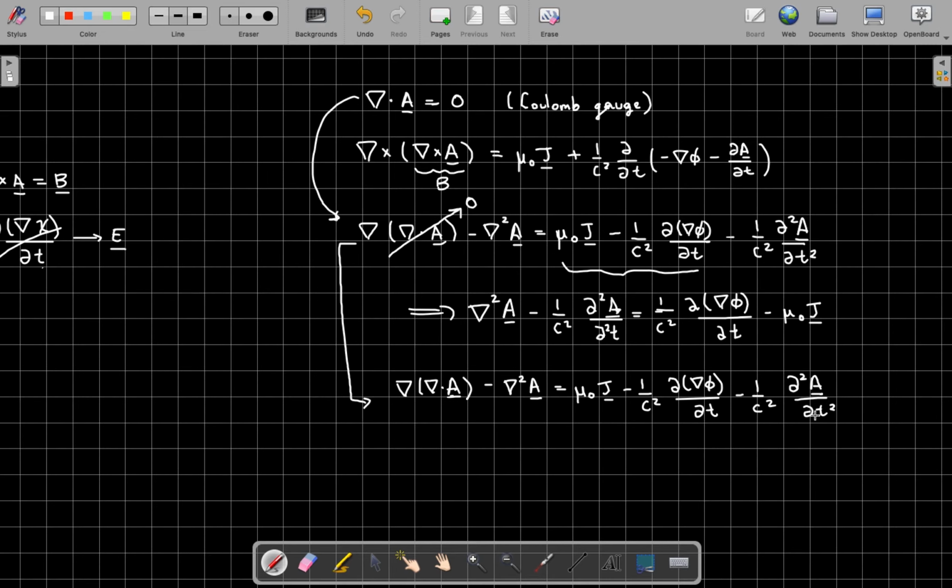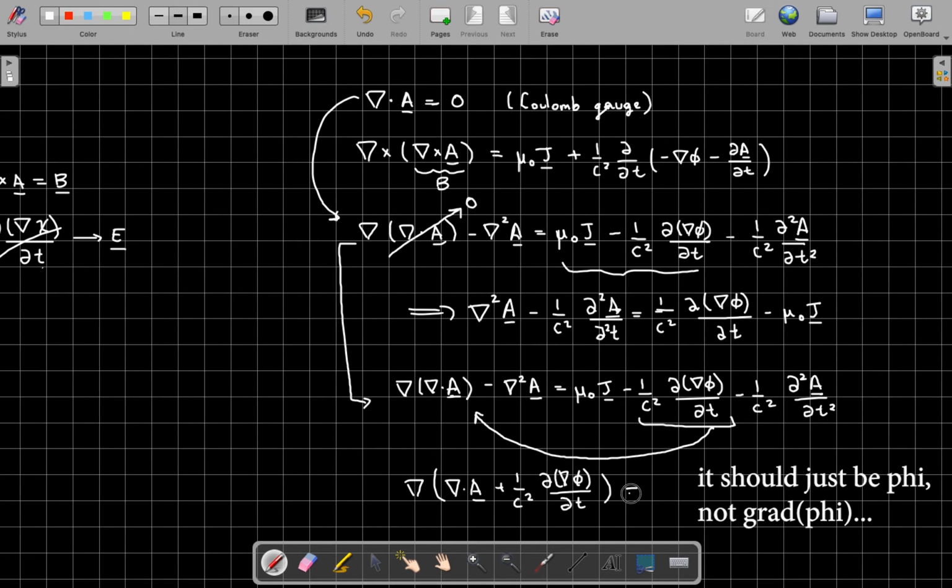One way is to notice that I can bring this on this side and include it into this gradient, right? So I'd have gradient of divergence of A plus 1 over c squared derivative of the gradient of phi with respect to time.